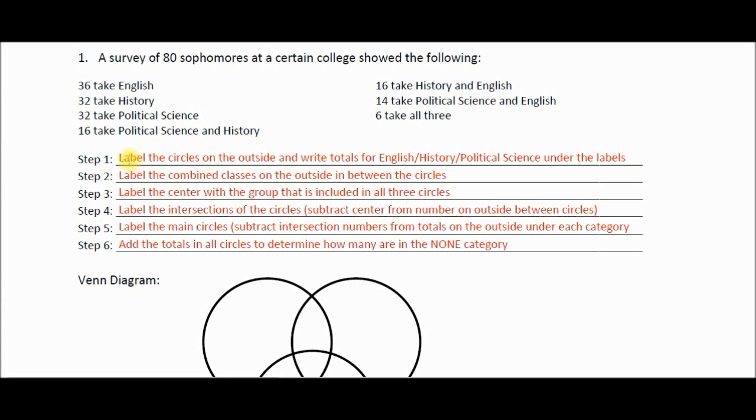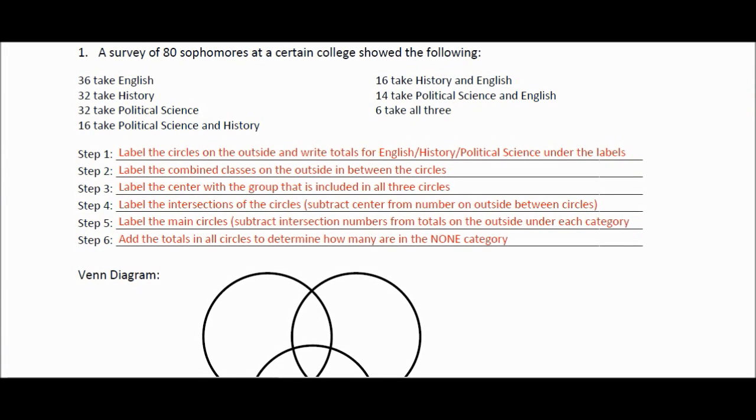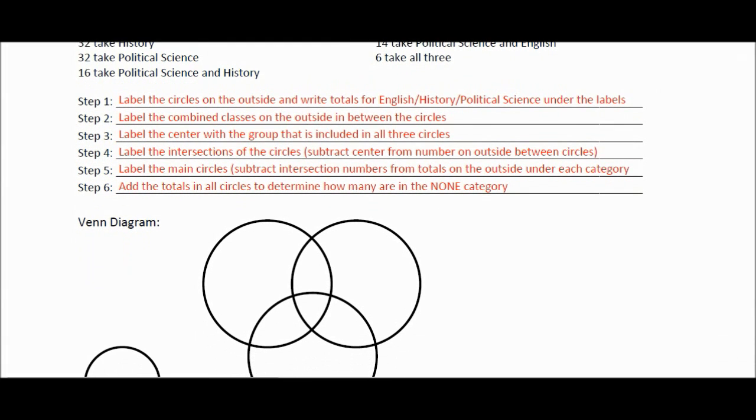Step number 1, when you get these kind of questions with a Venn diagram, label the circles on the outside and write the totals for English, history, political science under the labels. Let's do that. For our Venn diagram here, we've got English, history, and political science. Let's make this circle English.